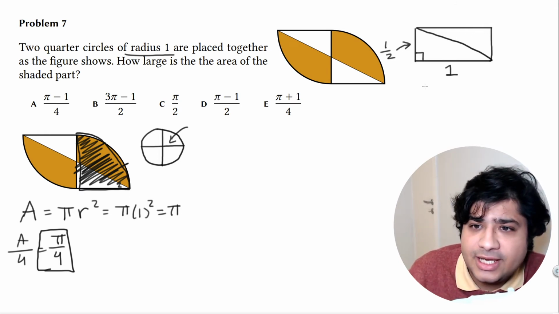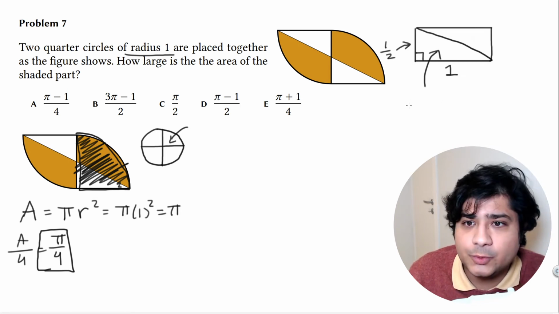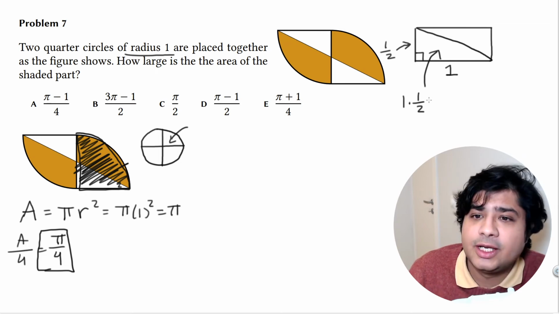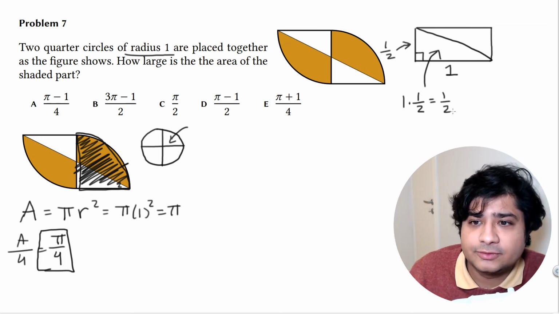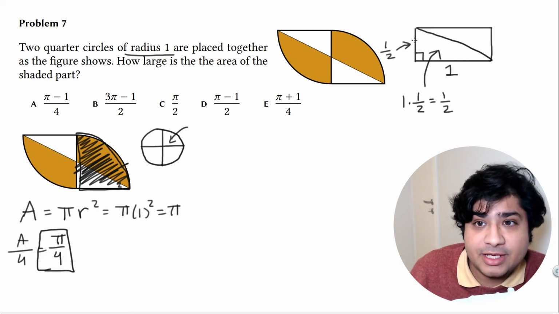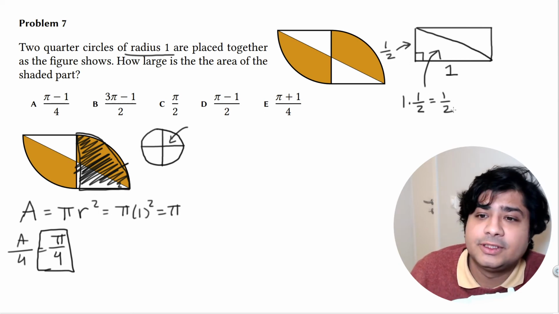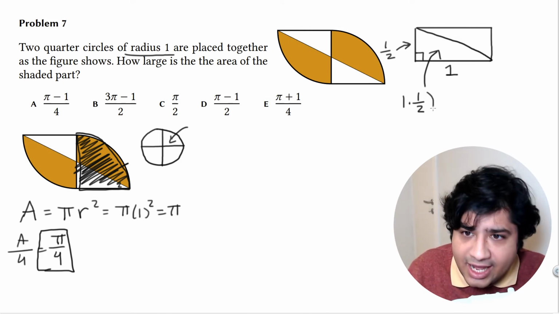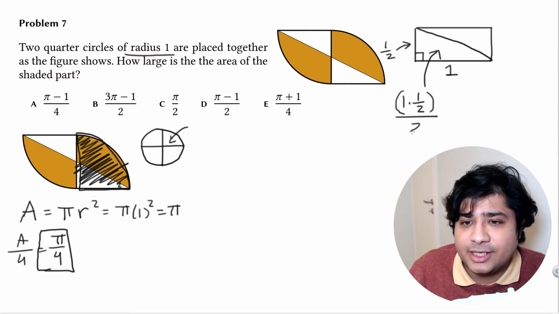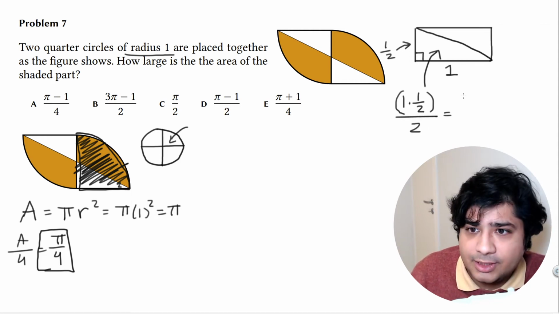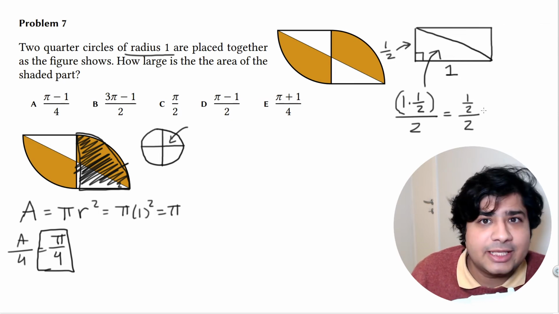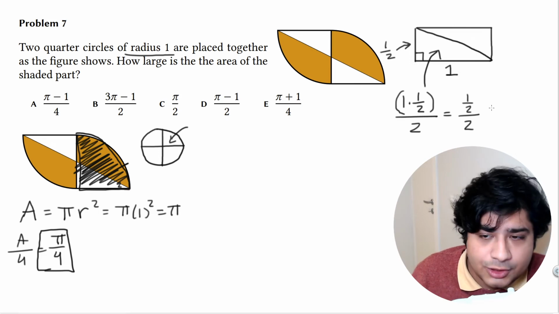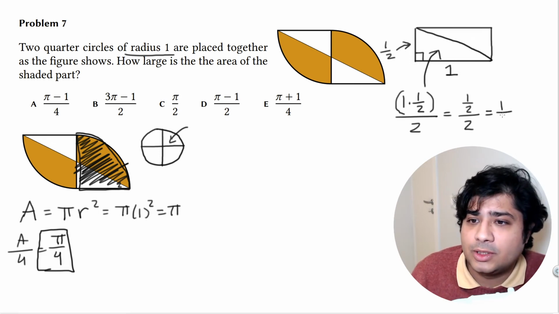So the area of the rectangle would be 1 times a half, and that's going to give you a half. Now, that would be the entire rectangle. Let's divide that by 2. So how much is that going to be? Well, that's going to be 1/2 divided by 2, which splits that 1/2 into 1/4. So that's going to be 1/4 like this.